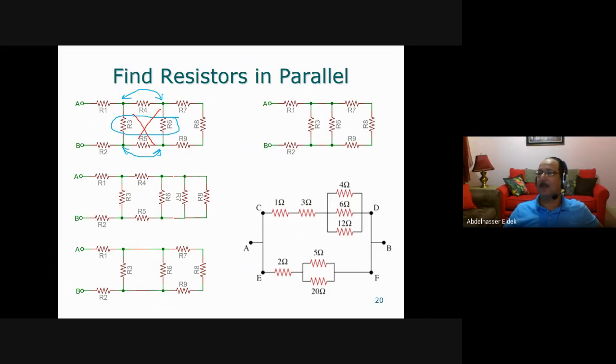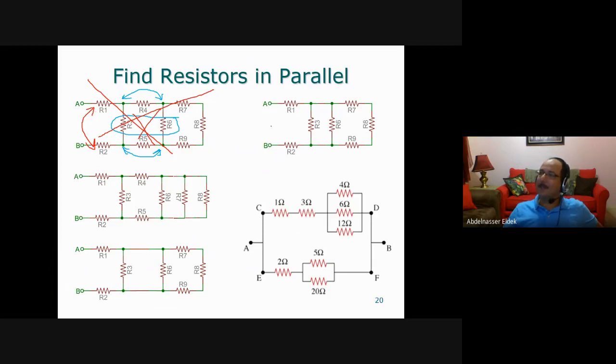Same also if you said R7 and R9 are in parallel, they are not. Why? Because they are not connected from any two sides. So no parallel connection here at all. You cannot say also that R1 and R2 are in parallel. They must be connected from both terminals.